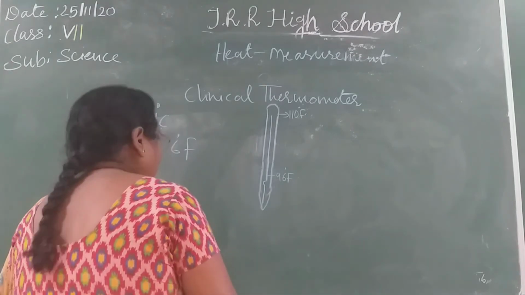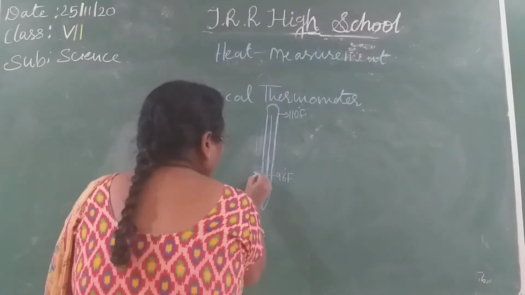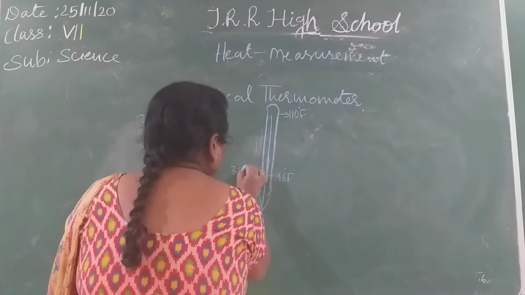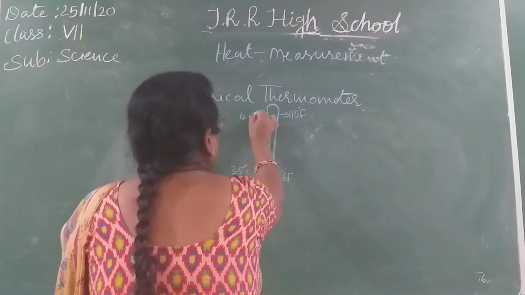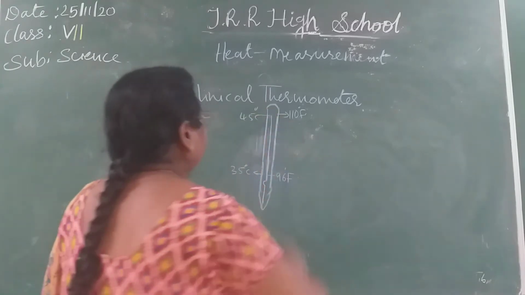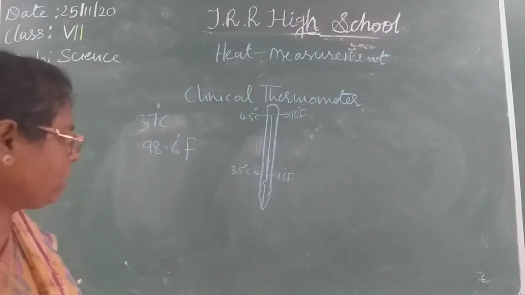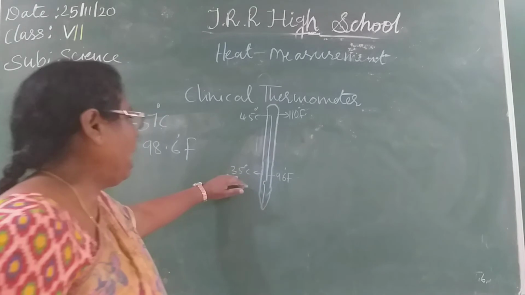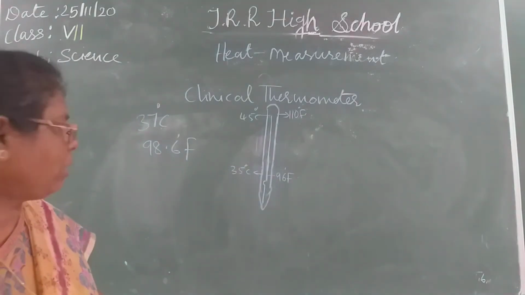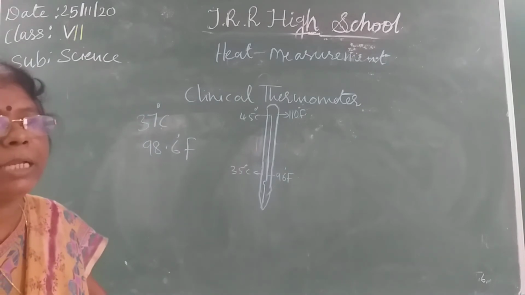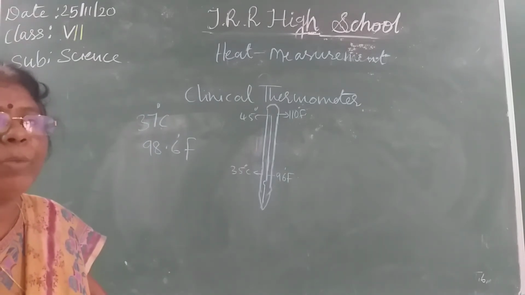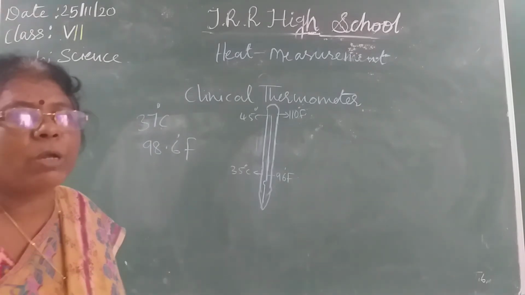In the same way, in the Celsius scale, you can take 35 degrees Celsius to 45 degrees Celsius. So these are the scales, Fahrenheit scale and Celsius scale. And the bulb is filled with mercury because of its expansion property, and it is a good conductor of heat. Mercury is used in the thermometer.